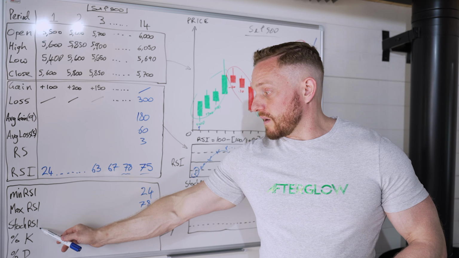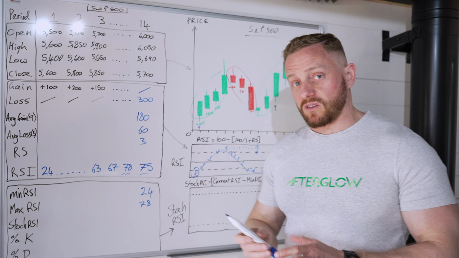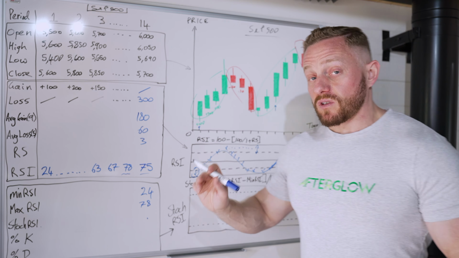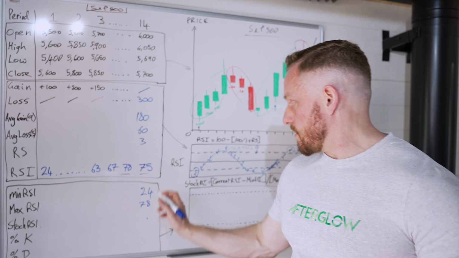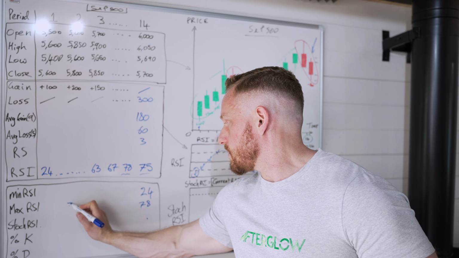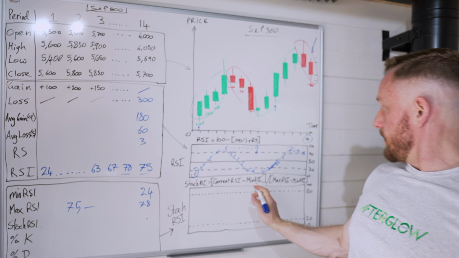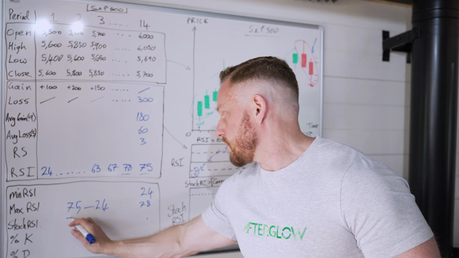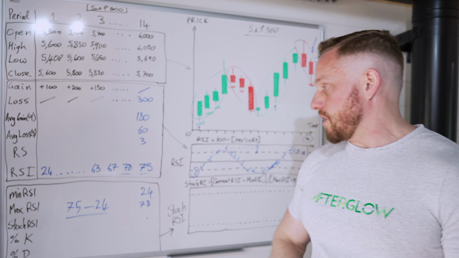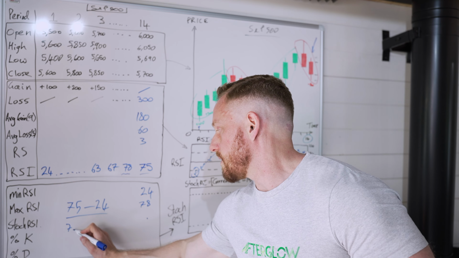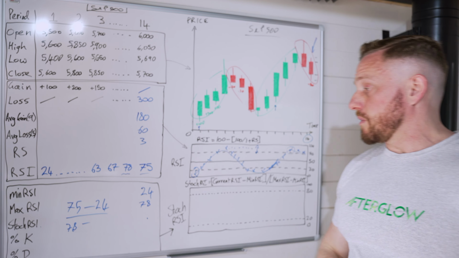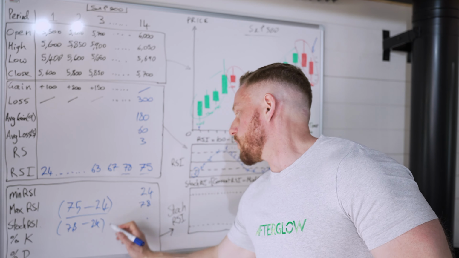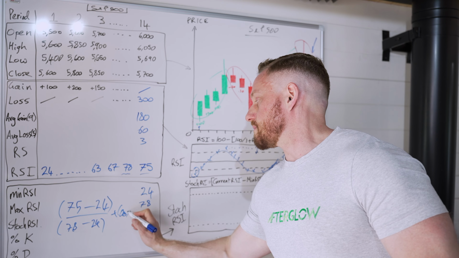Then now we can calculate the raw stochastic RSI value here using that formula. So if we plug that in, current RSI is 75 minus minimum RSI 24 divided by maximum RSI 78 minus minimum RSI 24 again, multiplied by 100%.